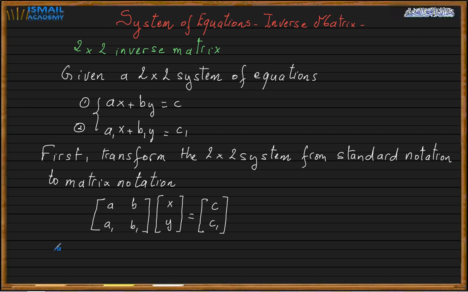So after you set up your transformation from standard to matrix notation, second we need to find the following two things: the determinant of the coefficient matrix and the transpose of the cofactor matrix of the coefficient matrix. So first you need to find the determinant.